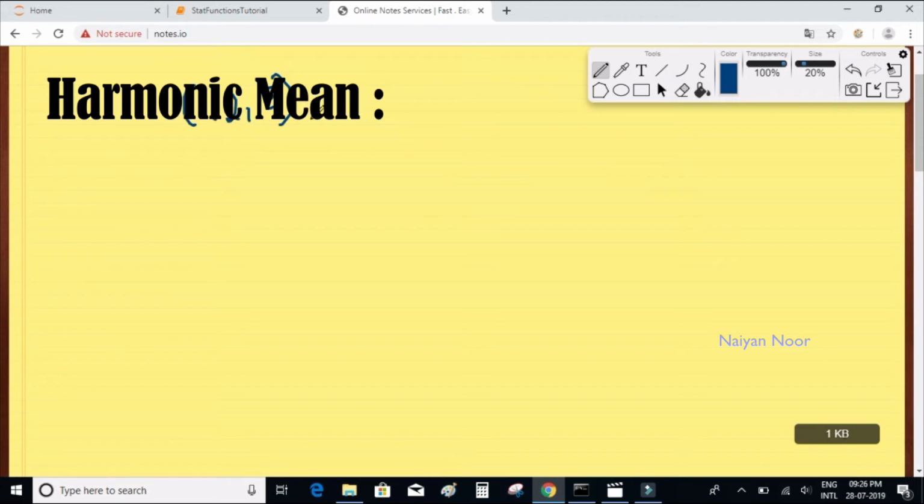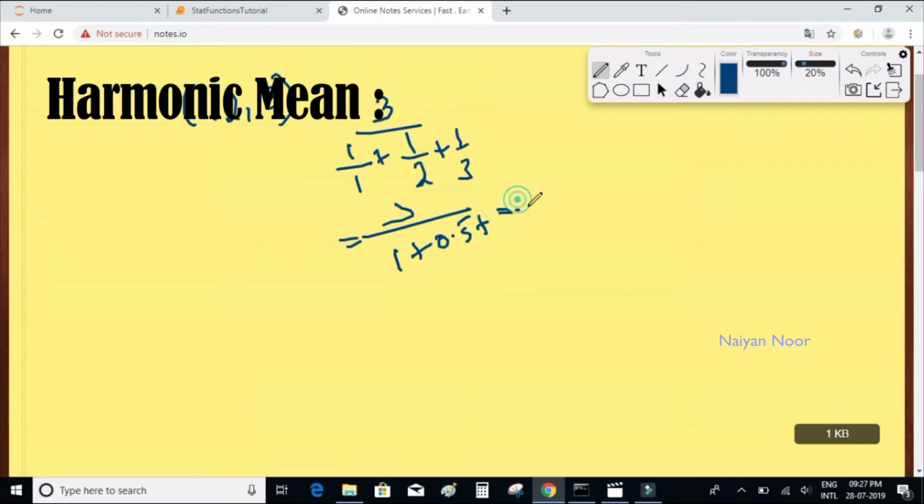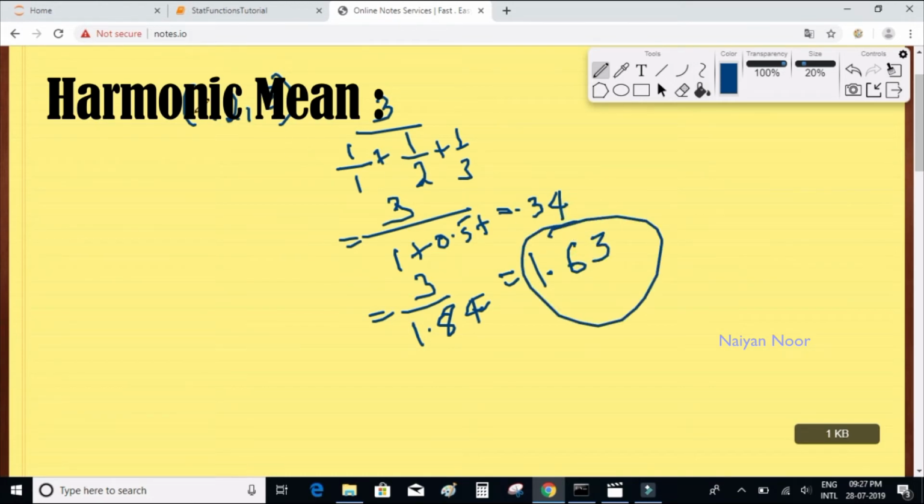N is the total number of elements we have, which is 3. So 3 divided by 1 divided by 1 plus 1 divided by 2 plus 1 divided by 3, which is equal to 3 divided by 1 plus 0.5 plus 0.34, which is equal to 3 divided by 1.84, which is approximately equal to 1.63. So this is the harmonic mean of the numbers 1, 2 and 3.